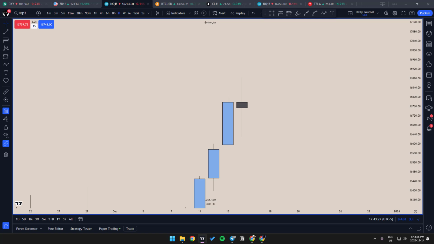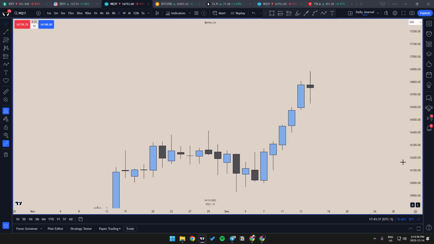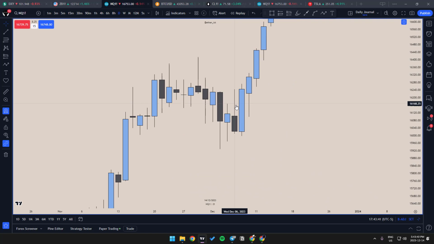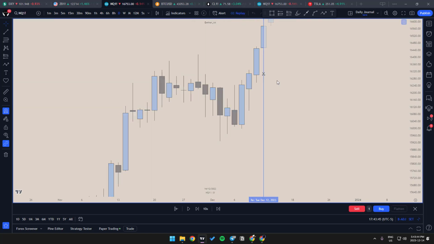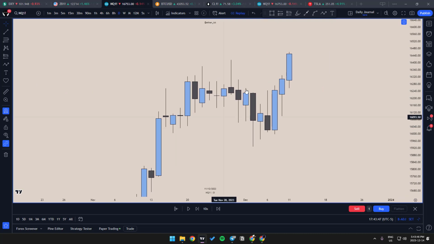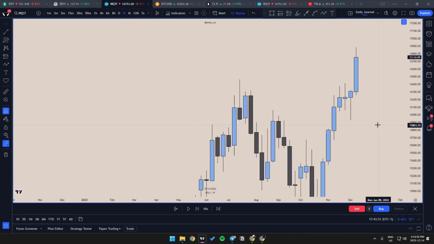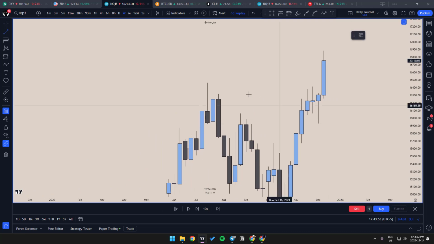Discuss how you would frame an AM or PM silver bullet based off of external range liquidity and internal range liquidity and time frame alignment. Perfect. Okay. I think this is a perfect example right here. So right here, yeah, this was a really good example actually.